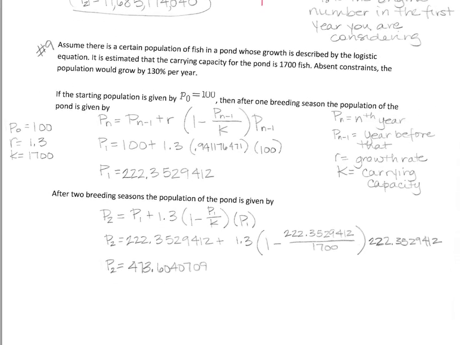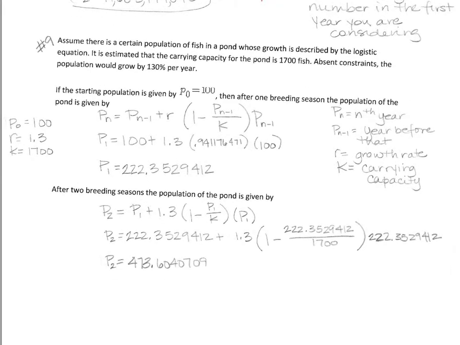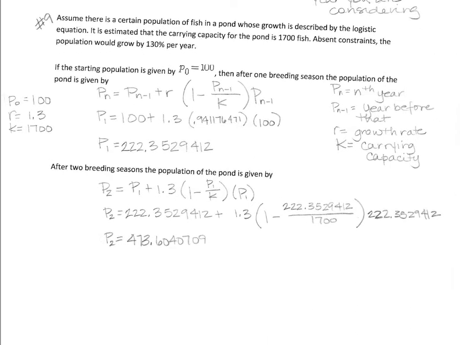The second problem we're going to look at is a logistic growth problem. So this is number 9. Assuming there is a certain population of fish in a pond whose growth is described by the logistic equation. It is estimated that the carrying capacity for the pond is 1,700 fish.